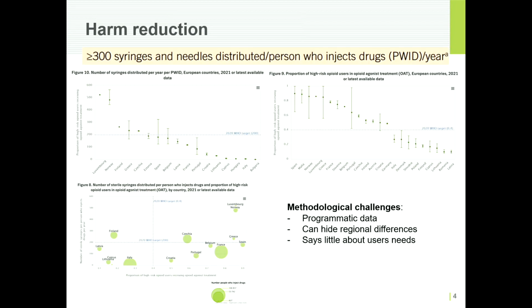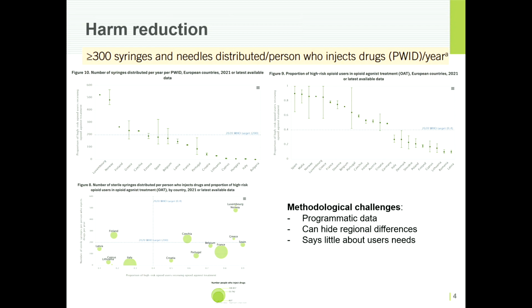The first family of indicators is related to prevention and harm reduction specifically. The main ones are the NSP coverage, so the number of clean syringes distributed per person who injects drugs per year, and the OAT treatment coverage, opioid agonist treatment.